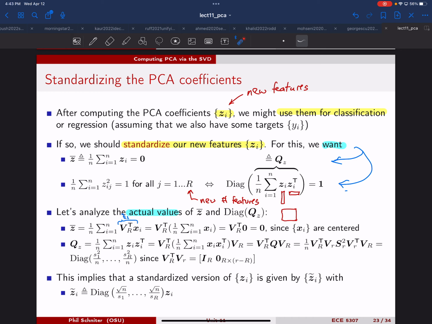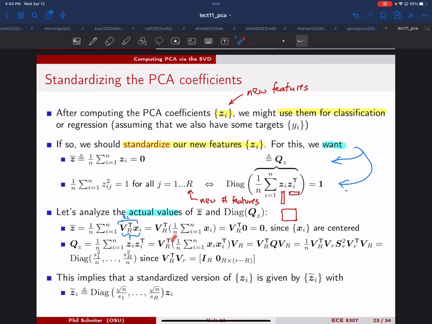What about this property? Let's take a look at our sample covariance matrix. By definition, it's this. Let's do the same thing where for zi, we plug in that expression. We're going to get VR transpose xi times xi transpose VR. I did a similar thing where I slid this sum into the center so that it's only applying to my xi's.